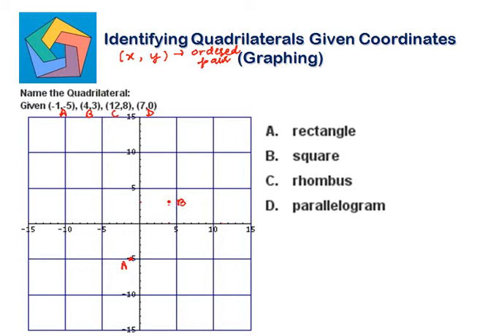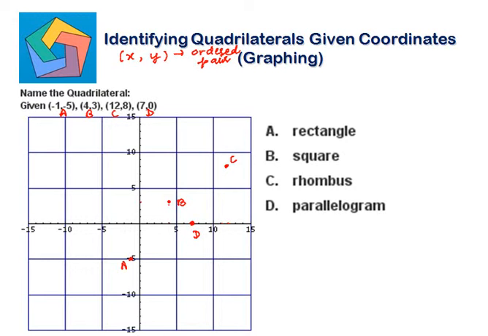This is B. (12, 8): 12 on the x-axis and 8 on the y-axis. Here, C. And (7, 0) will be point D.